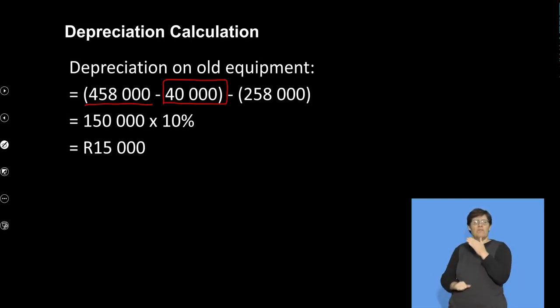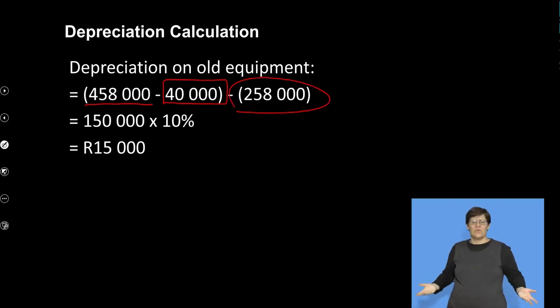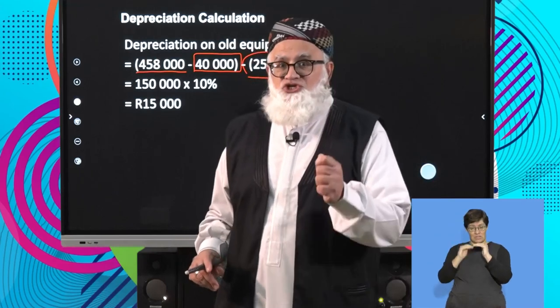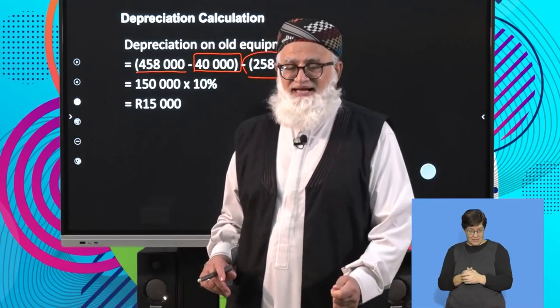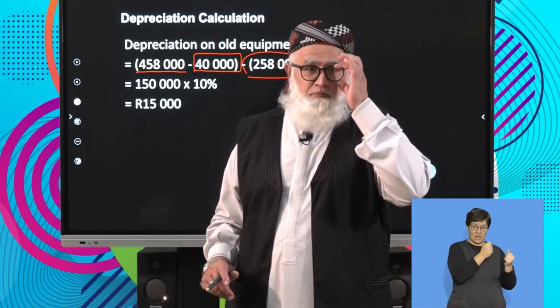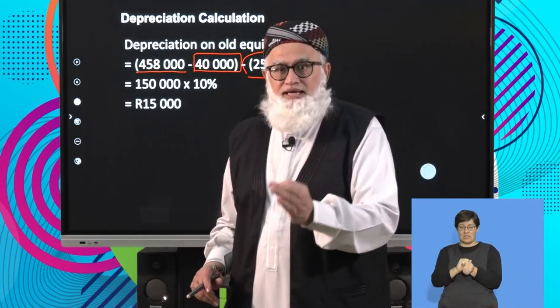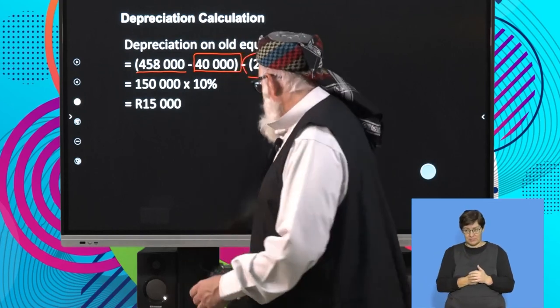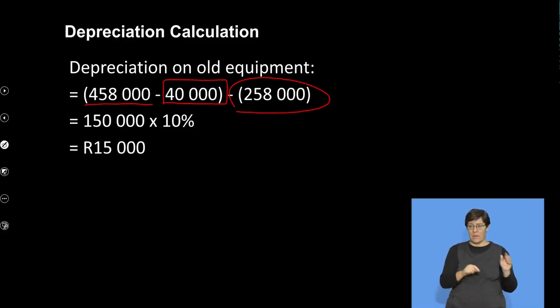Now, why am I subtracting the 258,000? Because my method of depreciation is diminishing balance method, right? And diminishing balance method, I know, is cost price minus my accumulated depreciation. So therefore, it's the 458 minus the 40. This is the new equipment that you are removing.